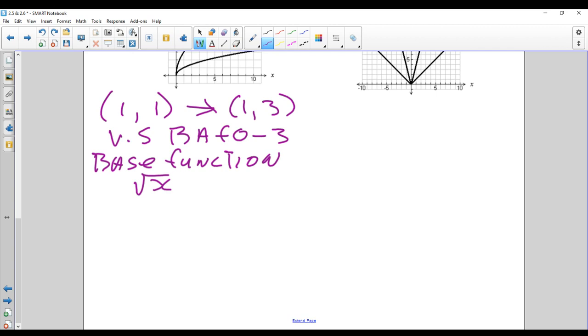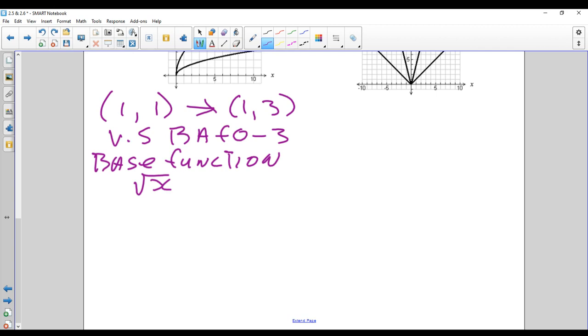Square root 3x. Yes. So 3 is outside the square root because it's a vertical stretch we're talking about, and a vertical stretch means you take the square root first and then you multiply by the factor. What you're talking about is horizontal, and it will be a compression as a matter of fact.